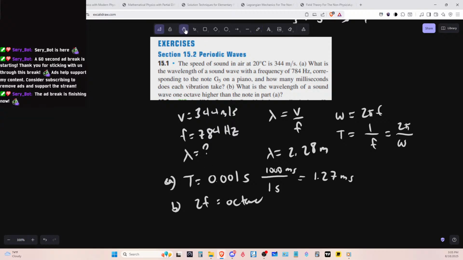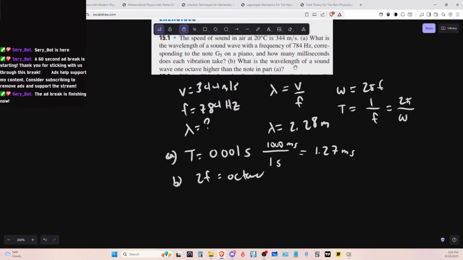So what is the wavelength of the sound? In this case, we're going to have the new wavelength. We're going to call it wavelength N. So we're just going to take our same numbers, but the frequency is going to be increased. It's going to be multiplied by 2.